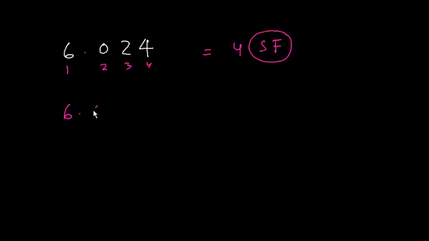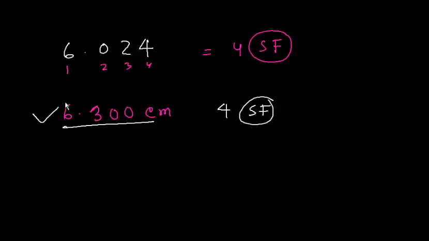Suppose I have some measurement like this, 6.300 centimeter. Now once I write centimeter and trailing zeros after decimal places are significant, so I have to say that there are 4 significant figures in this example also. You got to be careful.